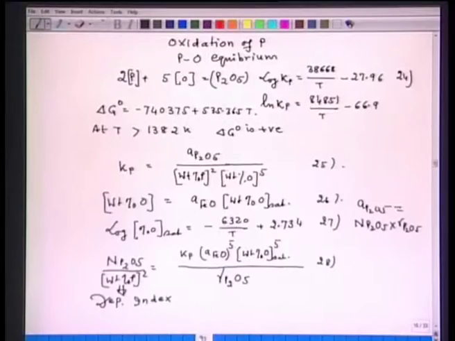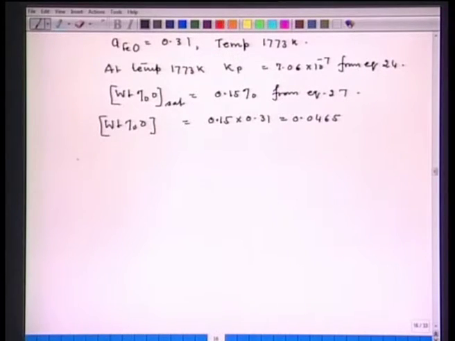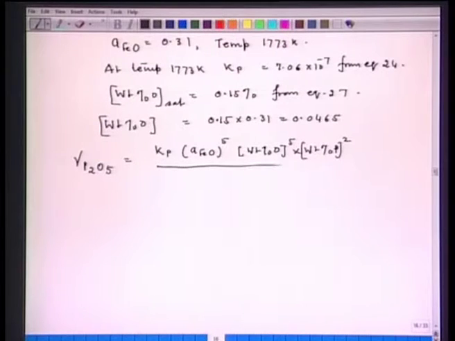Now if I substitute all these values into equation 28, I will get gamma P2O5 equal to Kp activity of FeO to the power 5 wt percent O to the power 5 into wt percent P to the power square upon Np2O5.